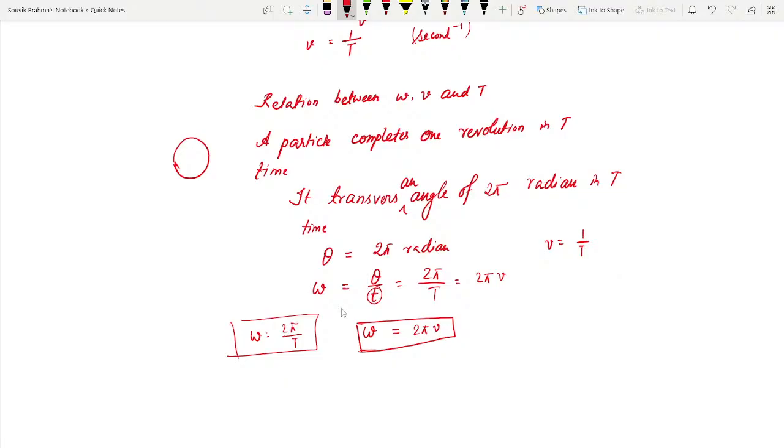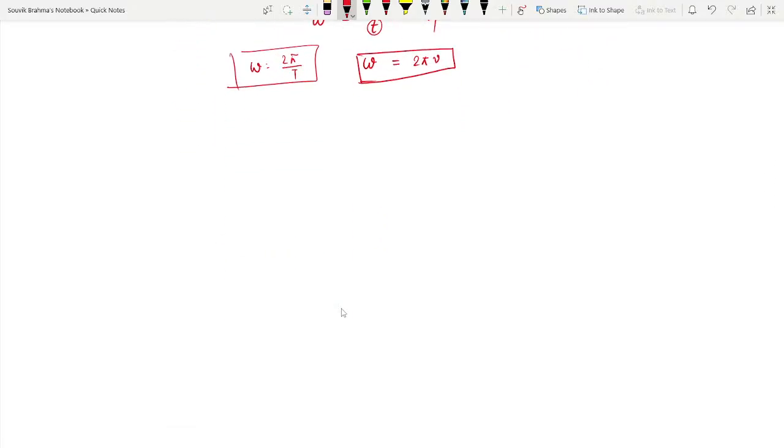Now you see one thing, there is another question that can be asked, that is the relation between linear velocity and angular velocity. Let us discuss the question.